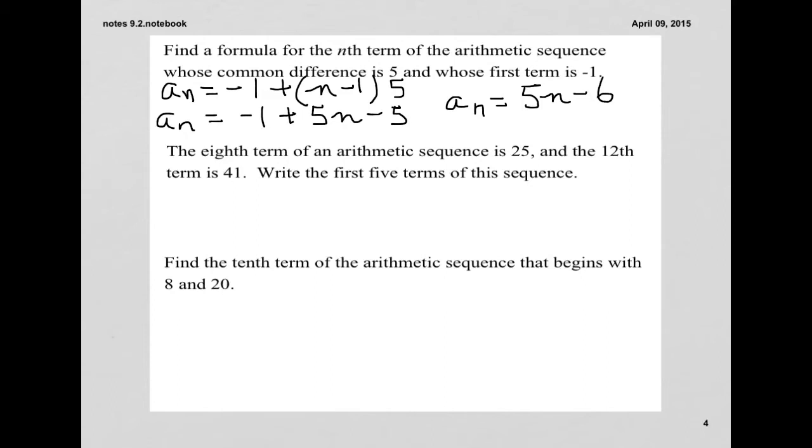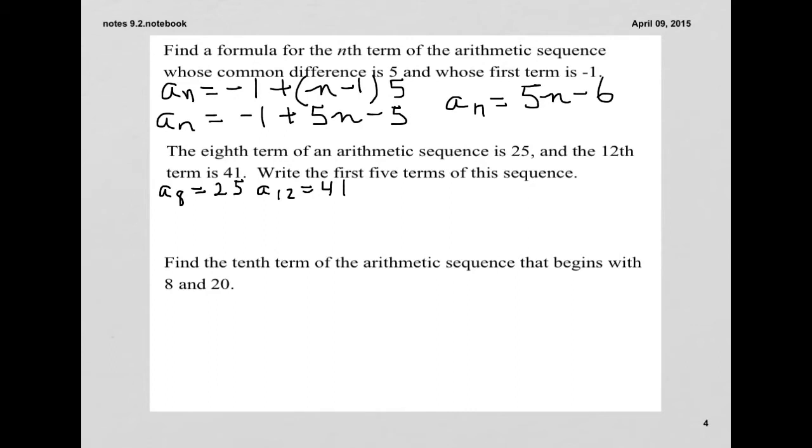Okay? Now, the 8th term of an arithmetic sequence is 25, and the 12th term is 41. Write the first 5 terms of this sequence. Well, first off, we know the 8th term, so that's a sub 8 equals 25, and a sub 12 equals 41.